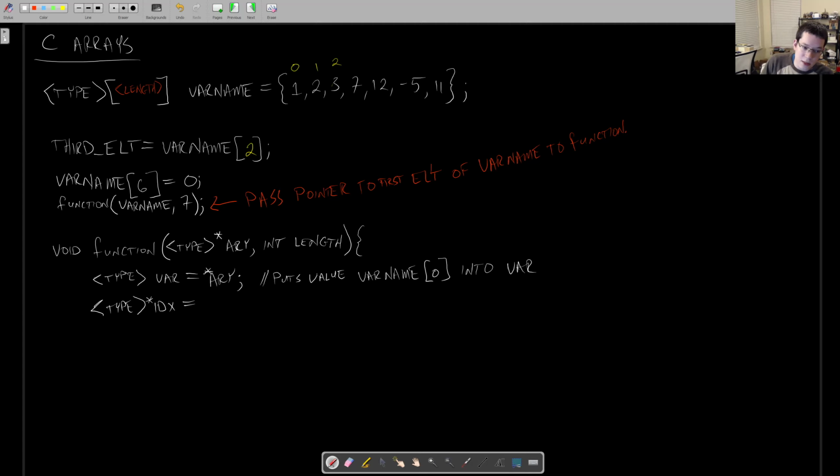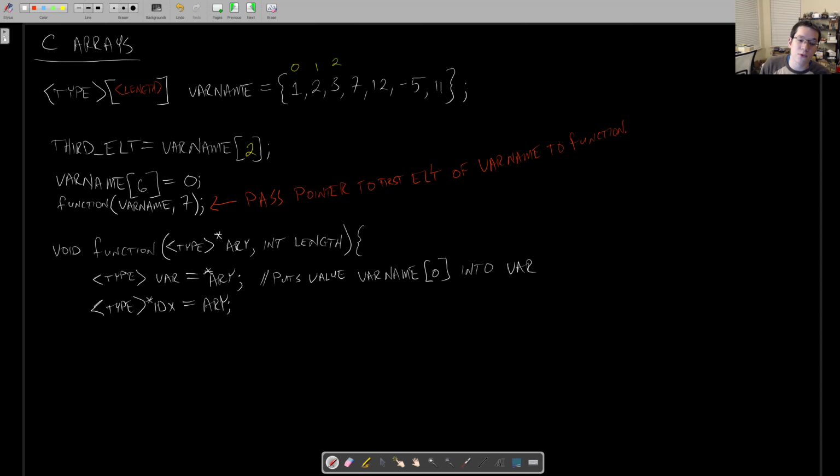So I tell it I want a pointer, which is the star of the type and named idx, that's going to point to the array. And I don't put the star on this one because it's already a pointer.